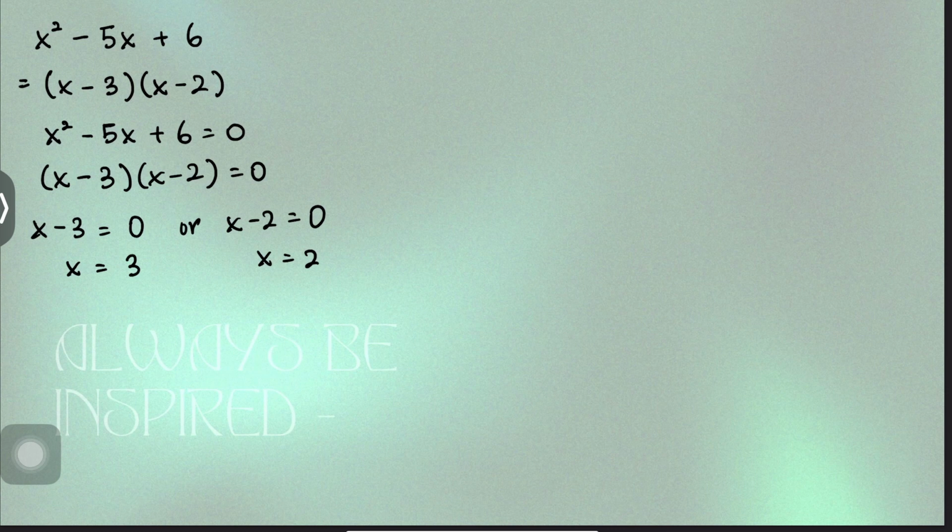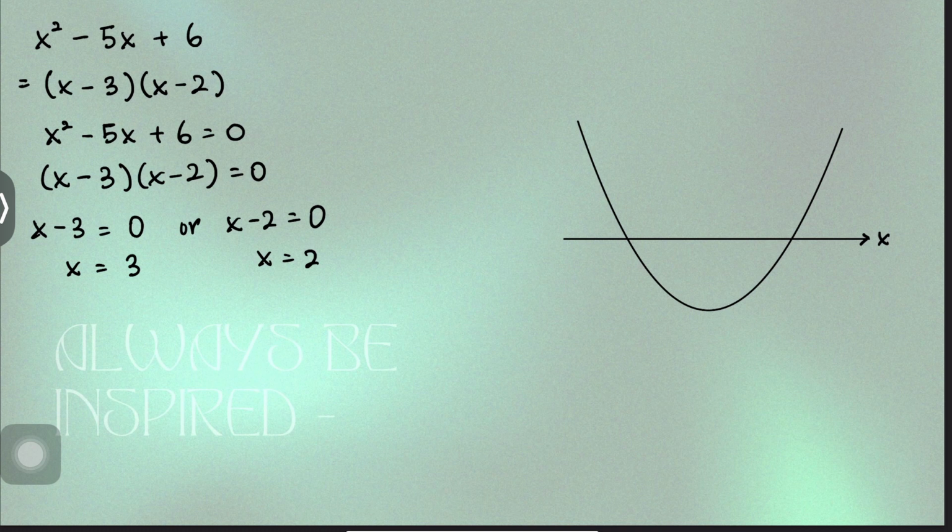So if I were to draw the graph on the right side, this is my x-axis. Because the value before the x squared is technically a 1, which is why we don't write it, it's just positive 1, then I know it is smiling. On top of that, thanks to what we did just now, I know that the points at which the graph will intercept the x-axis will be at 2 and 3.